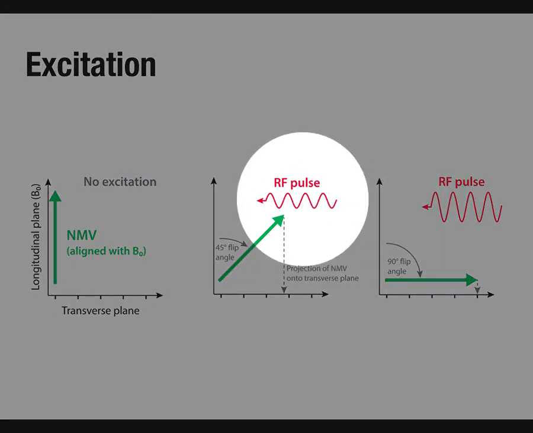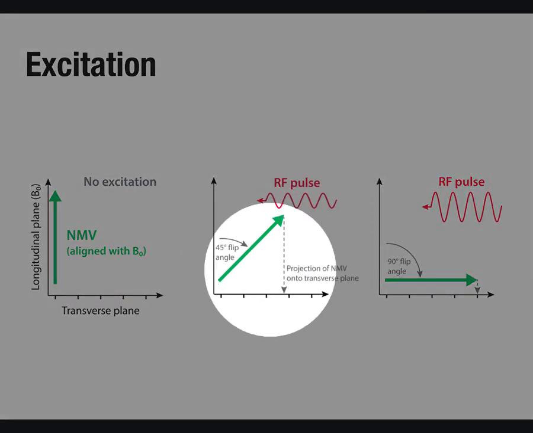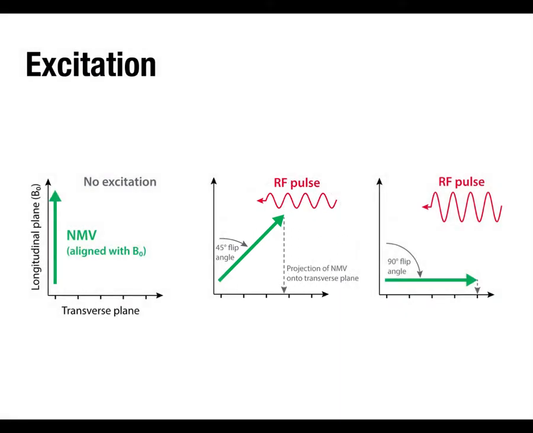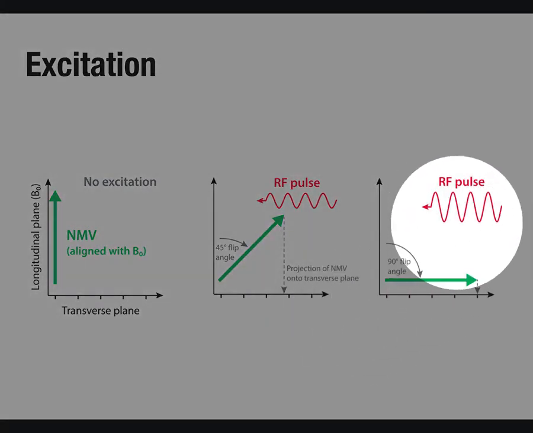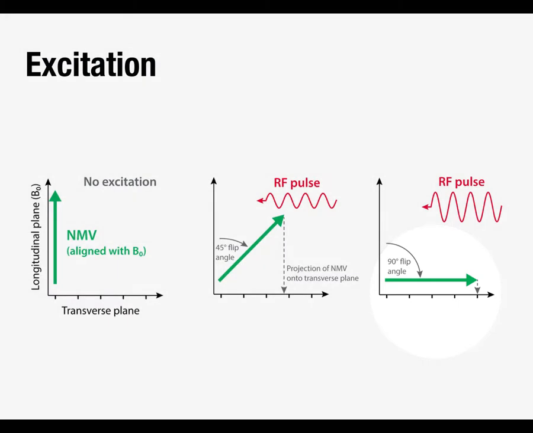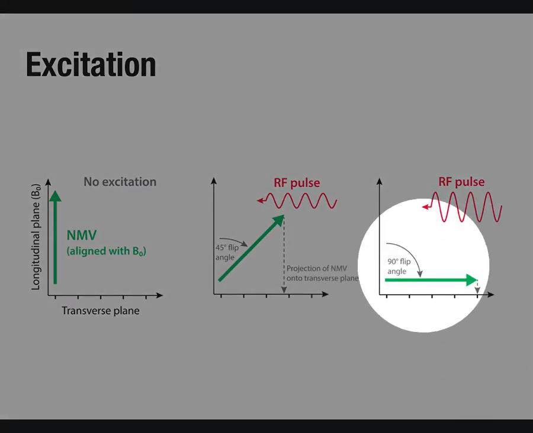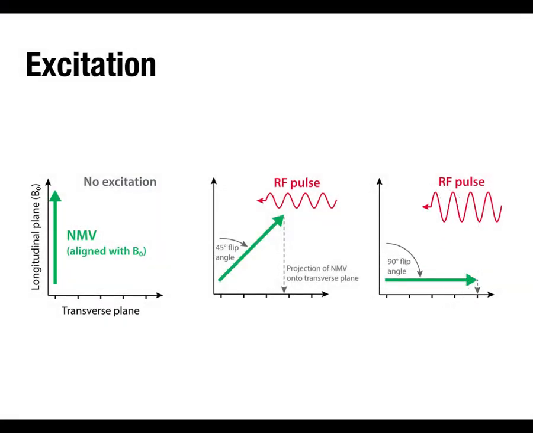In one case, in the middle here, we're showing a 45-degree flip angle, which means how much energy it took to flip it 45 degrees. And then a stronger RF pulse can give us a 90-degree flip angle, or anywhere in between. For a lot of MR imaging, it's the 90-degree flip angle that we're really focused on.